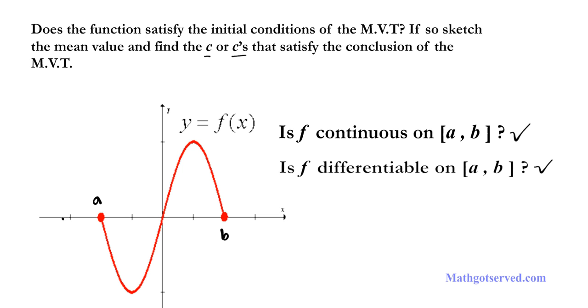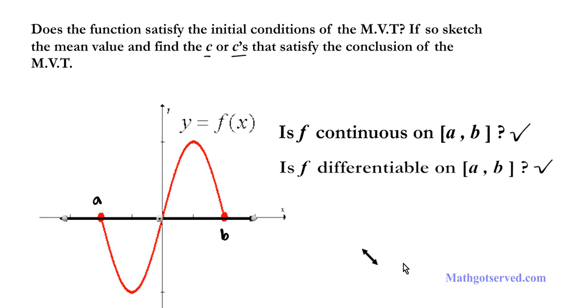So there goes my secant line through the two endpoints. Now my secant line is horizontal. Okay? This is known as a special case of the mean value theorem. This is Rolle's theorem, where the slope of the secant line is 0. Now, if the slope of the secant line is 0, that means that there is at least one point in the interval where the slope of the tangent line will also be 0.